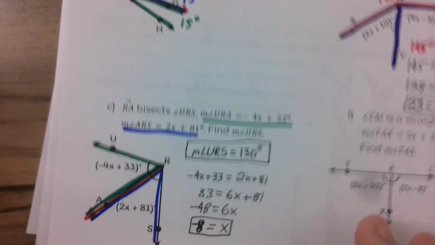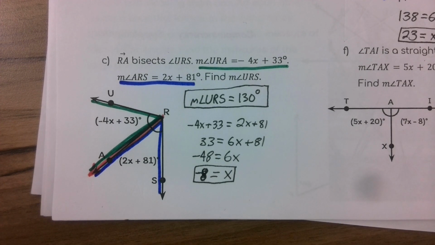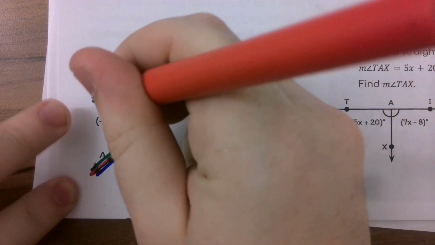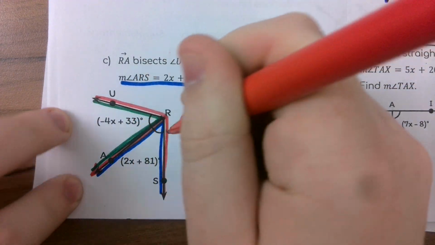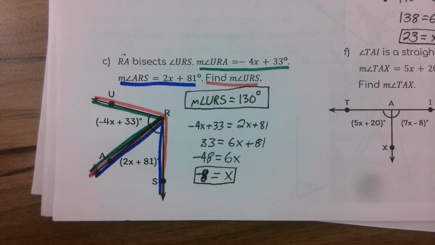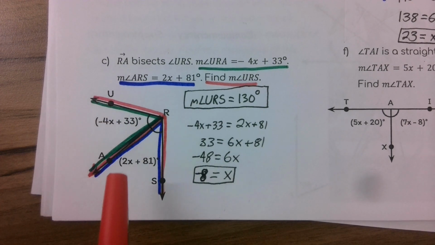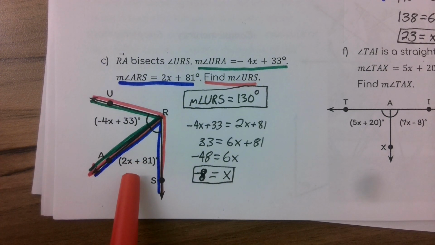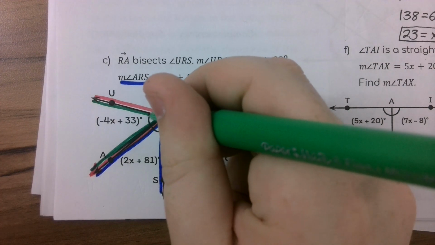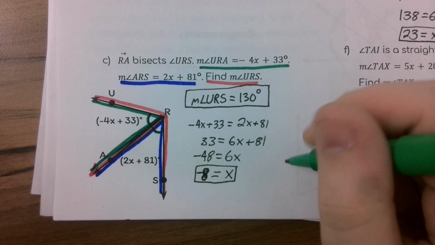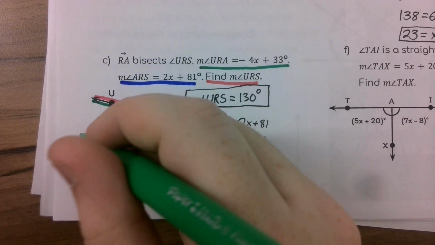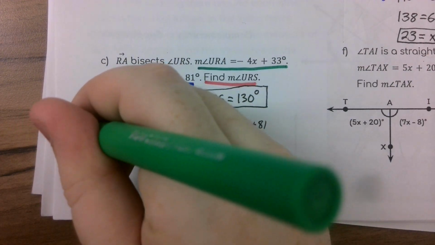So we're trying to find the measure of angle URS. URS is the entire big angle here. So we will need to figure out how big this side is and how big this side is. The good news is we don't need to do the math twice. Because our angle is being bisected, we know that it has to be the same on both sides. So when we plug in negative 8 for just one of these, I'll plug it in on this one.